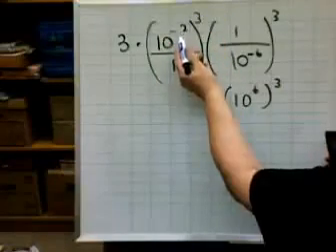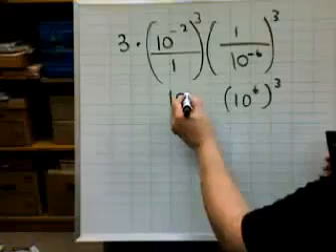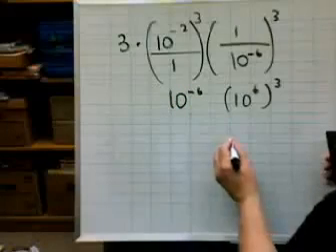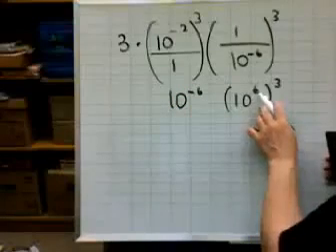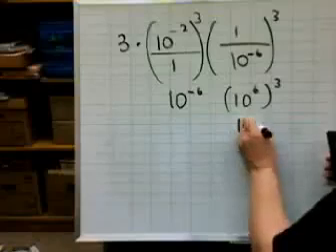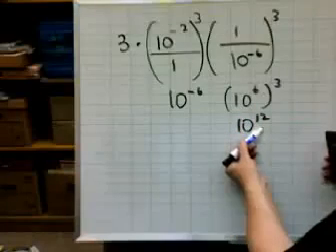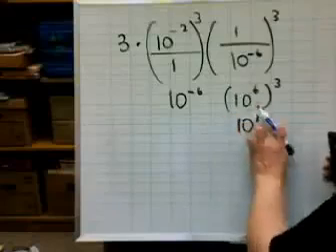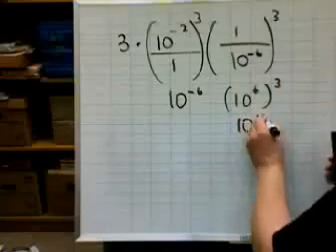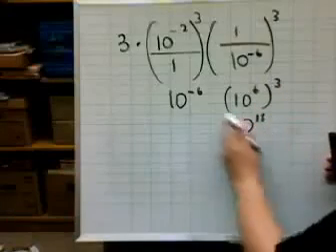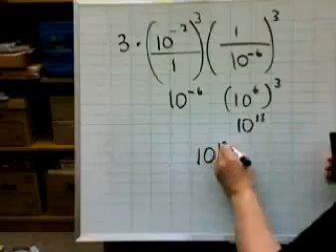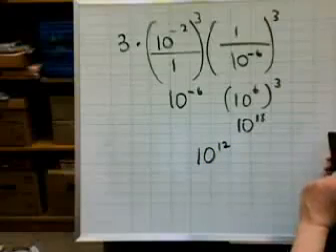So negative 2 times 3, this would be 10 to the negative 6 after cubing. This is 10 to the 6 times 3, so this would be 10 to the plus 18. 6 times 3 is 18. So 10 to the 18th minus 6, there's my 12. That would give 10 to the 12th.